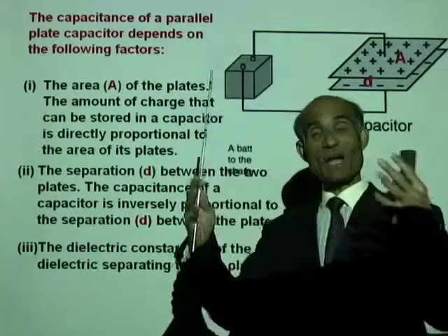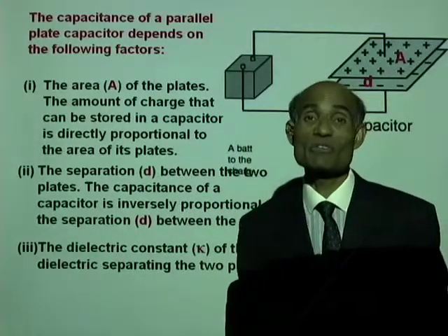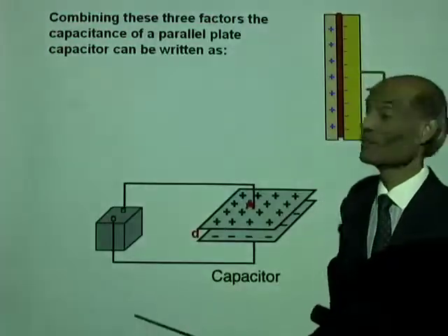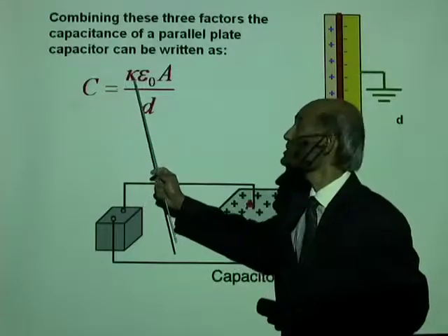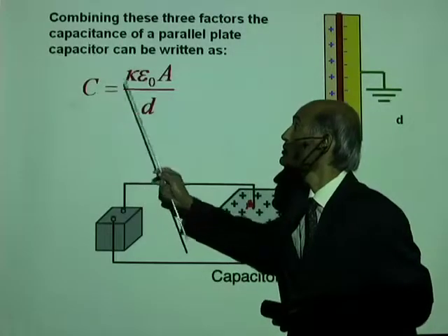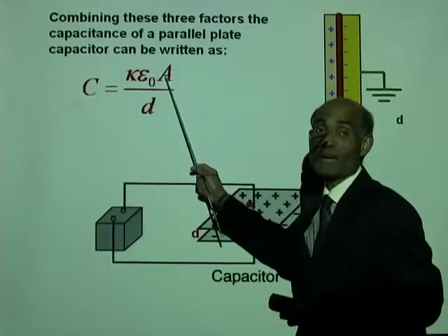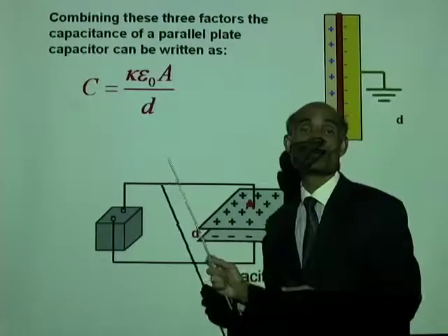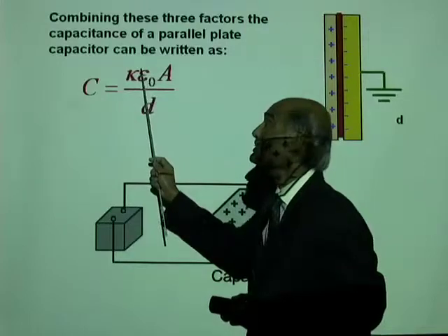Now, can you combine all these and write an equation for the capacitance of a parallel plate capacitor? Well, yes, we can. C is directly proportional to kappa. It is directly proportional to the area of the plates and inversely proportional to the plate separation. That means I can now use a constant.